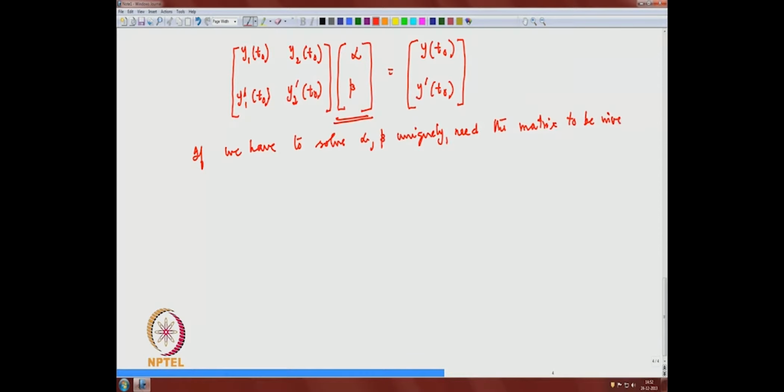This motivates us to introduce the Wronskian. We call this the Wronskian, but introducing that matrix is the motivation.